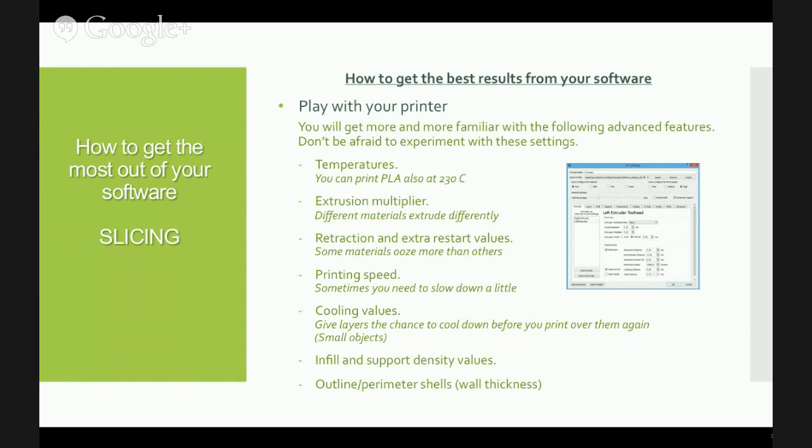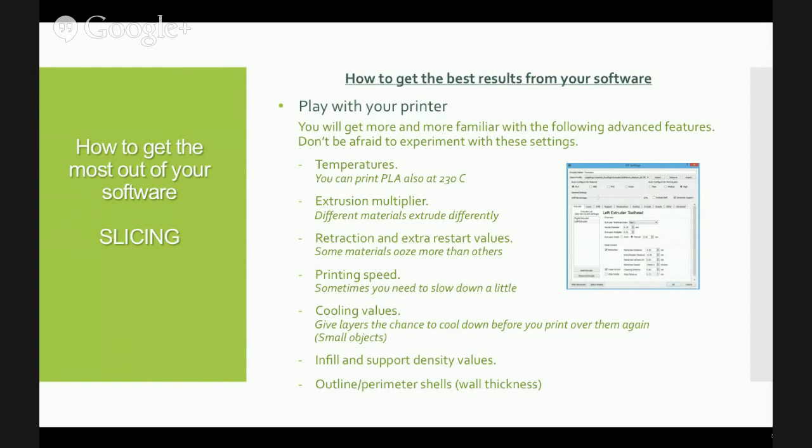You have to play with that feature. The extrusion multiplier, if you move it up, it will extrude more. And if you move it down, it will extrude less. And sometimes you want a little bit of over extrusion, and sometimes you just want a little bit of under extrusion. So don't be afraid to play with the extrusion multiplier a little bit and find the setting that works the best for your material and your print.